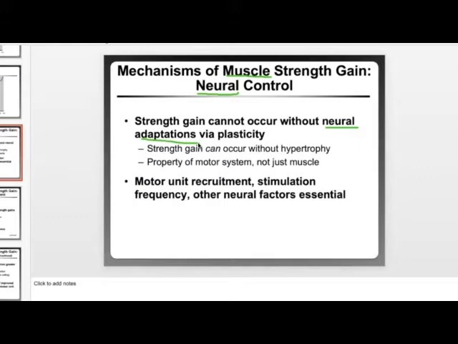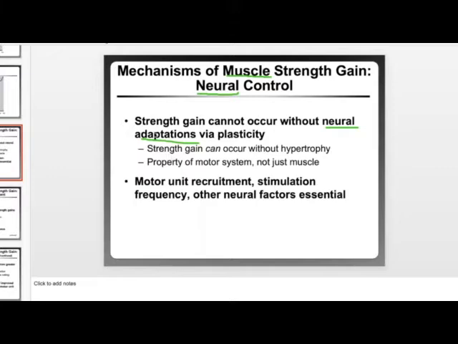And the reason why the chapter begins with neural adaptations first is because your body does not want to change muscle. Changing the muscle requires fuel. It requires a release of hormones. It requires DNA mutations and increase in muscle growth. And that requires a lot of energy.